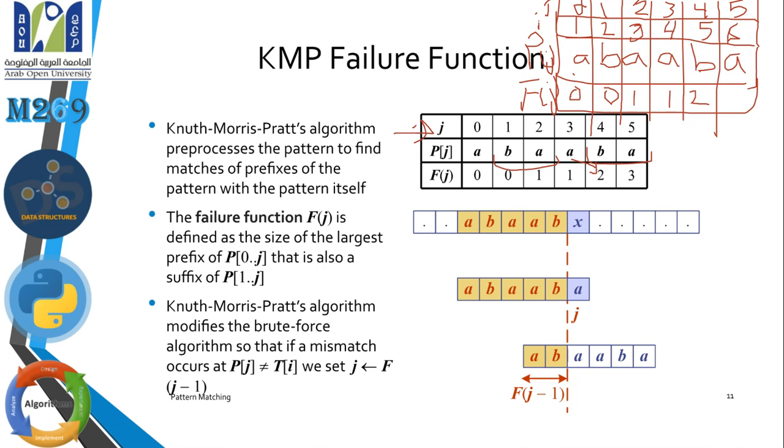Because B here was 1, right? But why did I put 2? Because it appears as a block BA. But for the second A, it appears in position 3, because it is actually following the second block, which is B. So that's why I put 3.